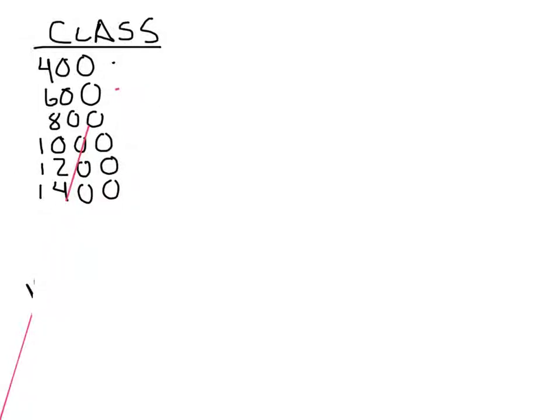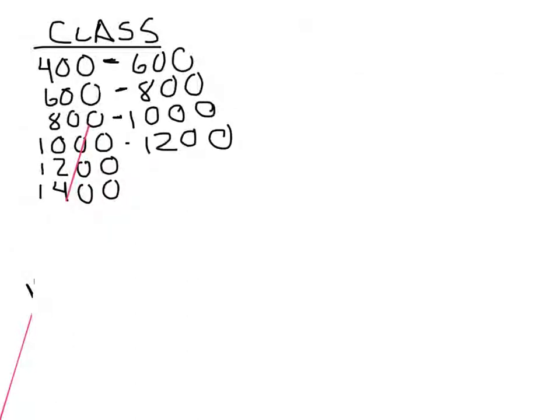Okay, hang on a minute. All right, let's try it again. So we're going to have 600, 800, 1,000, 1,200, 1,400. Then you pick up that extra one there. There's your 1,600.